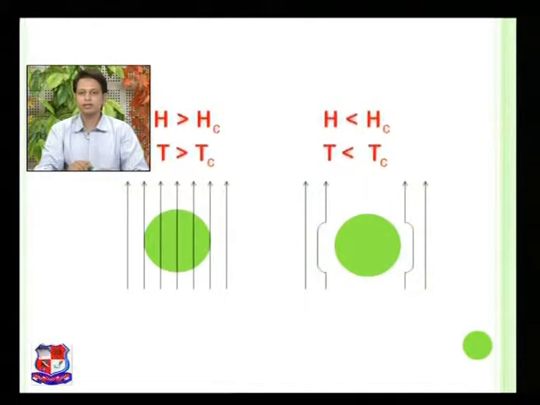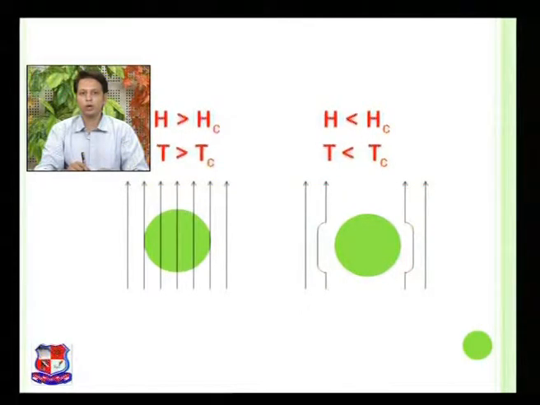Actually, what is happening in the second condition is that there will be generation of a surface current, which will lead to magnetization, and this magnetization will be equal to the applied magnetic field. But inside the material, the applied field and the generated magnetization are opposite to each other.